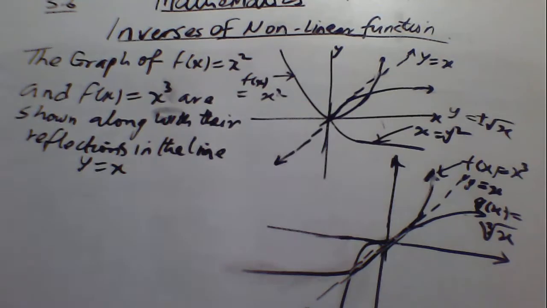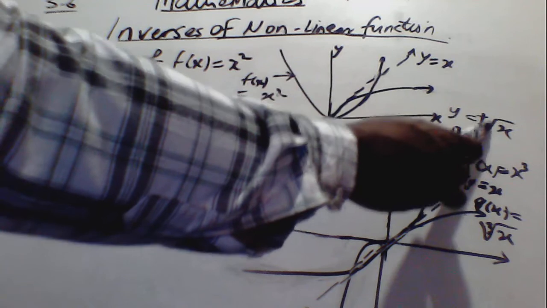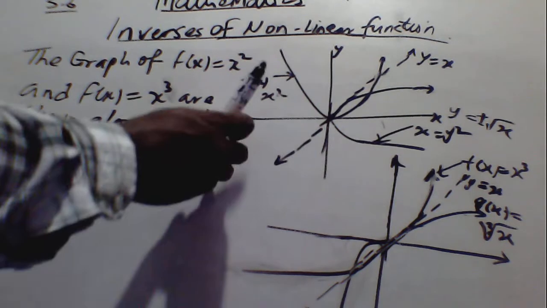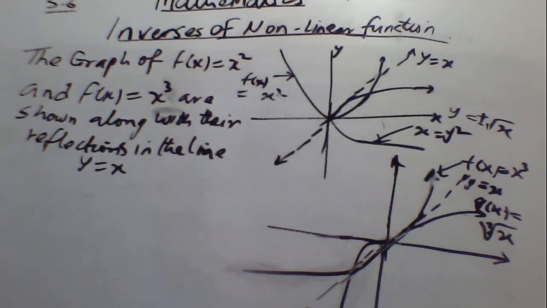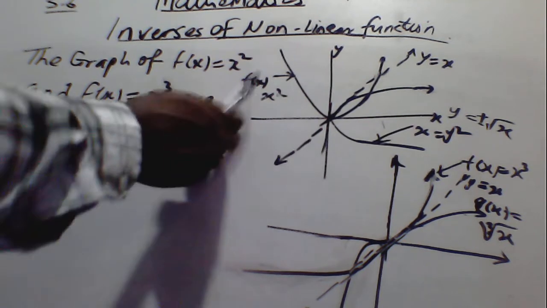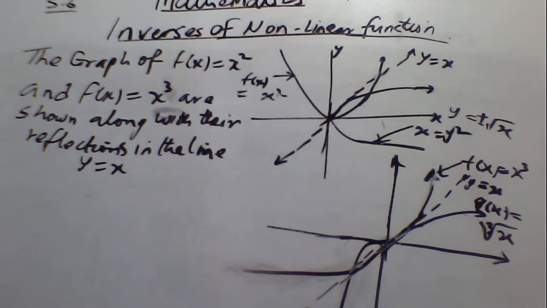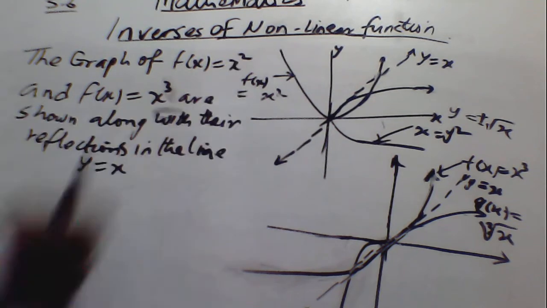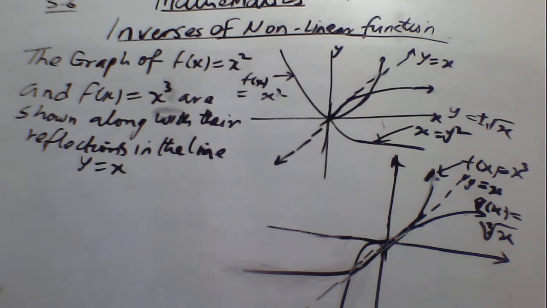Is it not? So when y is equal to minus the square root of x, this is not a function, the inverse is not a function, while the original parent function is a function.